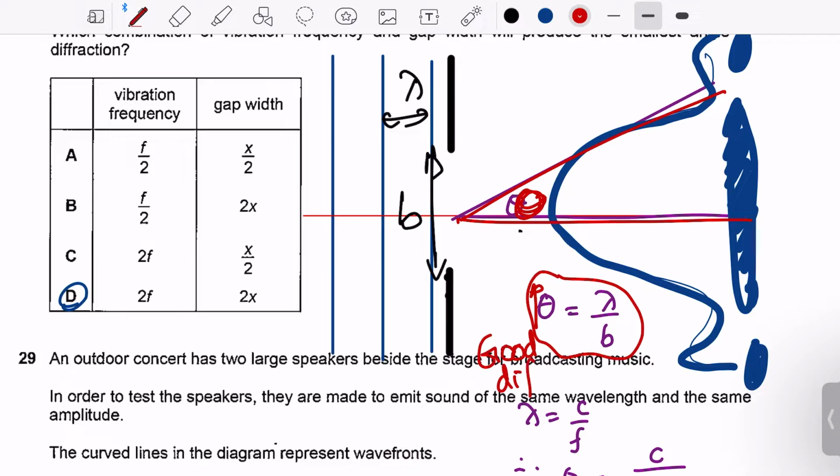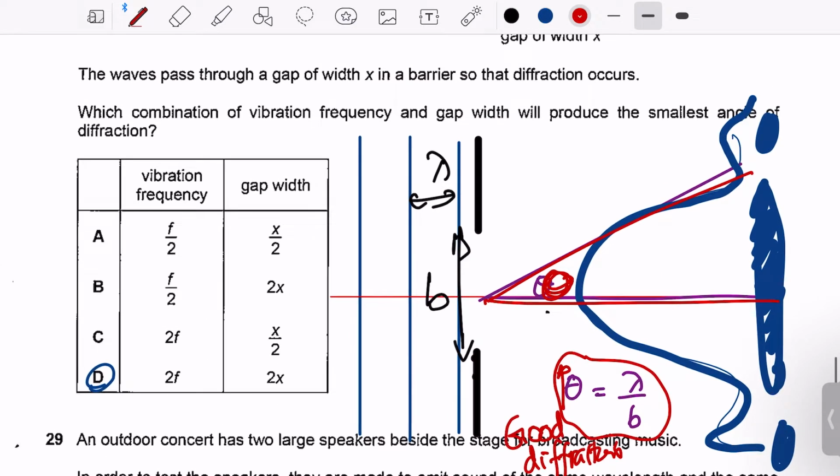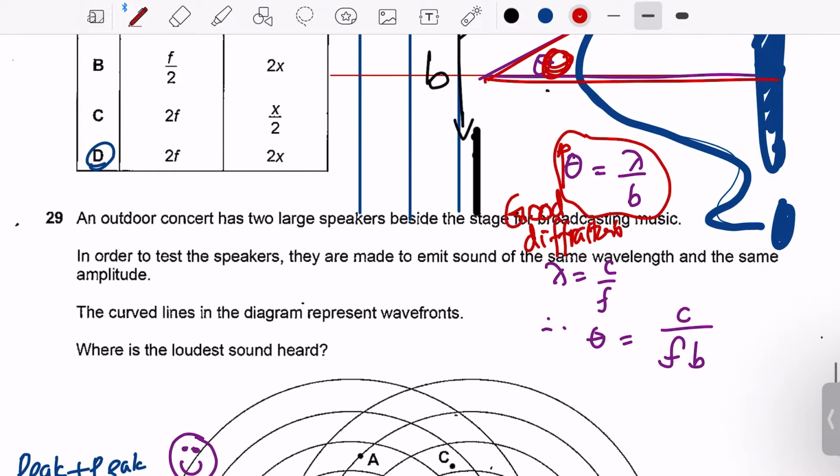But the question says we don't want diffraction, we want the smallest angle of diffraction. We want to stop it. So the idea is theta equals lambda over b. For theta to be small, lambda has to become small or b has to be bigger, because b is under the line.